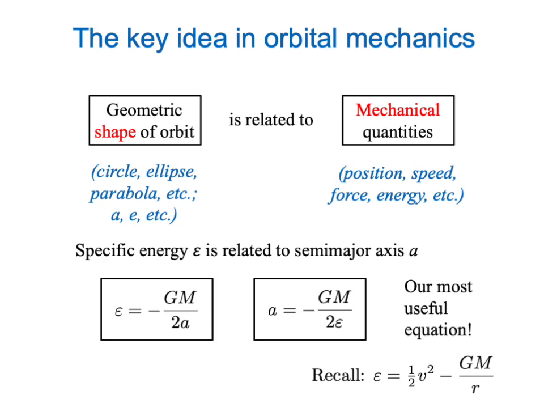One is we can say that the specific energy is ε = −GM/2a, negative, of course, for a bound orbit. Or we can just algebraically manipulate this and say that a = −GM/2ε. If we know something about the energy of the satellite, we know something about its orbit. If we know something about its orbit, we know something about its energy.